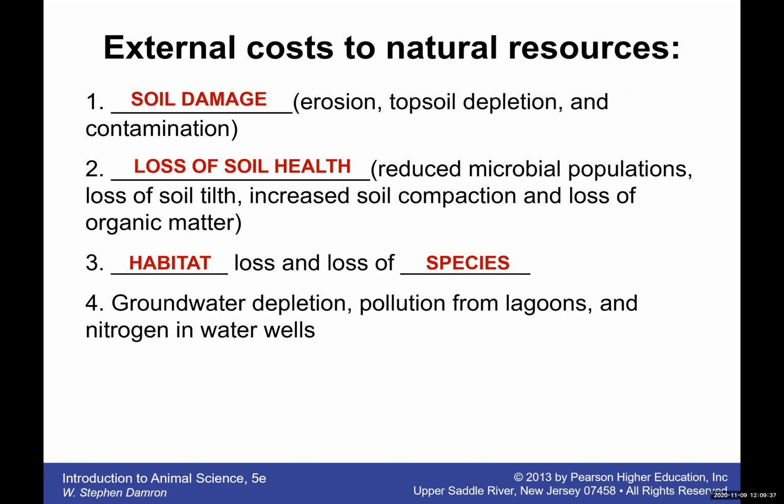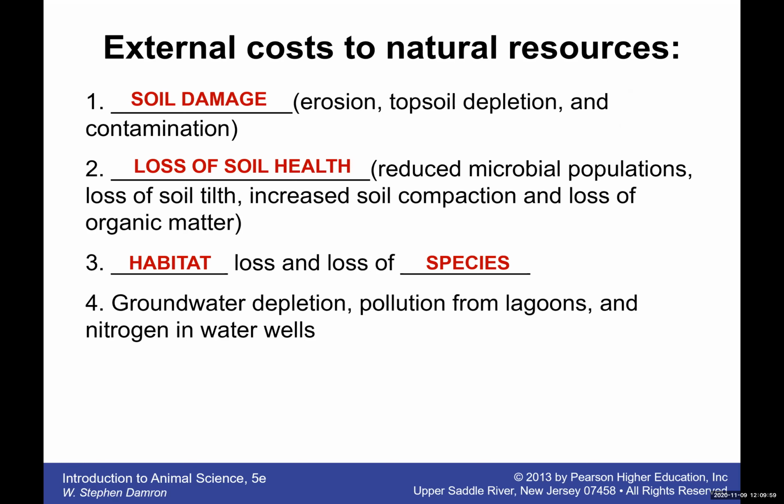I don't know if any of y'all have studied much into the Gulf of Mexico and the Dead Zone, or the algal blooms that basically appear and make it where natural fish and other aquatic species cannot exist. Some of that can be contributed to non-sustainable production practices.